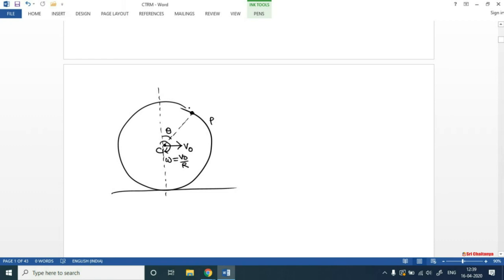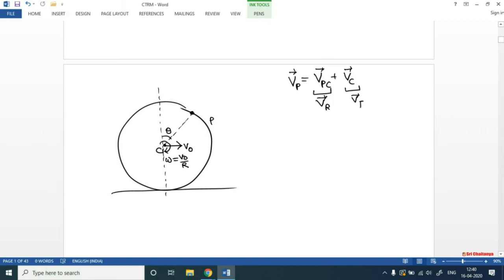We are interested in finding out the velocity of point P on this round body. So again, we are going to use this formula: the velocity of point P will be equal to the velocity of point P with respect to C plus the velocity of C. That is basically the translational form of velocity, and this is the rotational form of velocity.